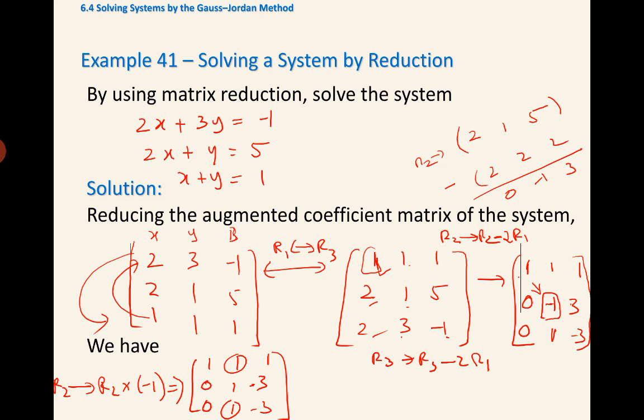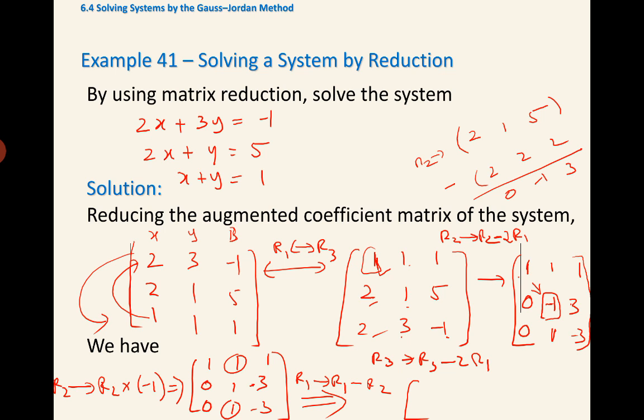So I have to write two formulas. For R1, I need to start from R1 and use R2. The coefficient is 1. So what is it? R1 minus R2.